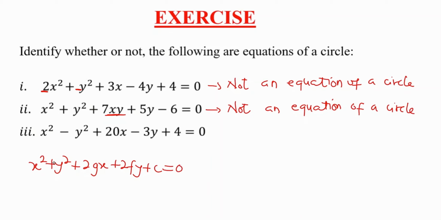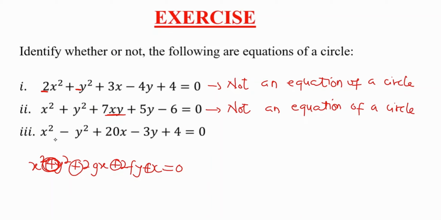So it implies that the sign in between x squared and y squared is never negative. It is always positive. But for 2gx and 2fy and that of c, their sign changes. It can be positive or negative. But in between x squared and y squared, it is always positive, and that makes it an equation of a circle.